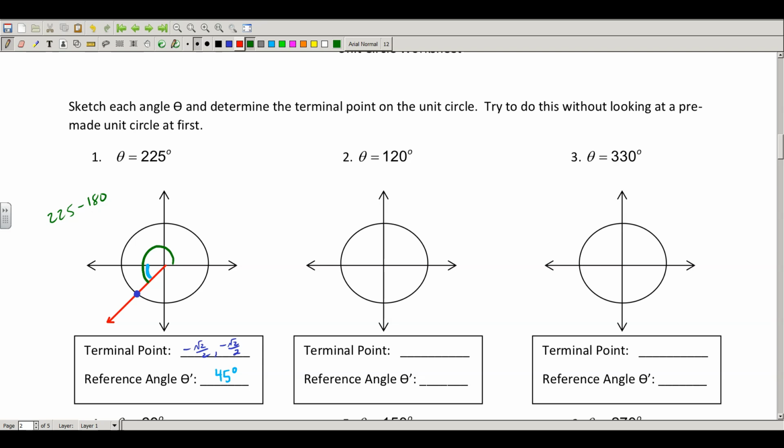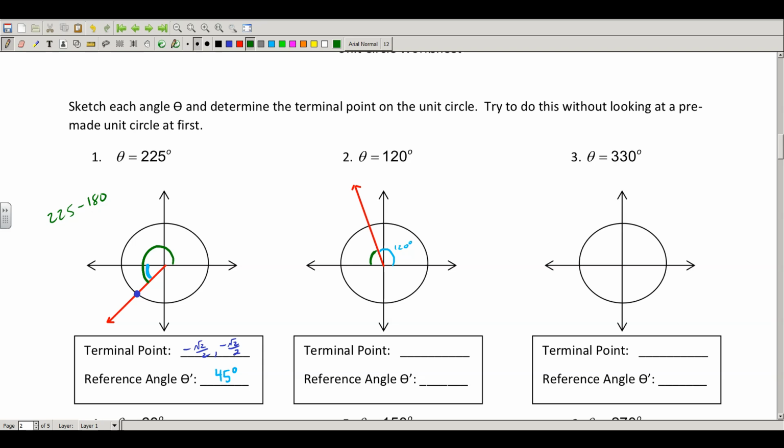Let's do the next one. 120 degrees, well, that's over here. So theta is, if I drew it out, from here to here. That's 120. The reference angle would be going back to the x-axis right here. That acute angle, we're going to consider positive.